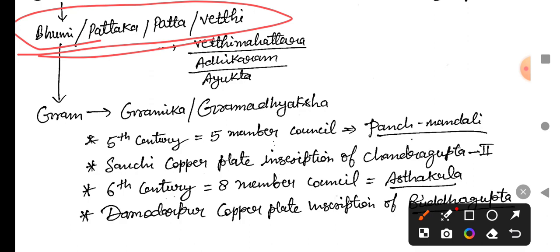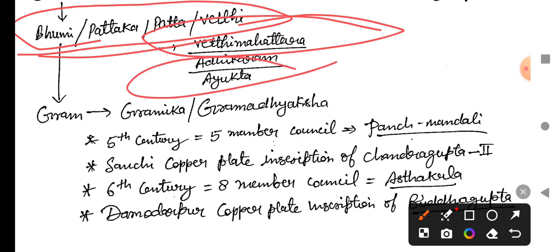Vithi Mahattar controlled these Bhumi, Pattak, Patta, Vithi, and Abhikaran Ayukt assisted these Vithi Mahattar. The smallest unit of this is gram, and Gramik or Gramadhyaksha controlled the gram system.